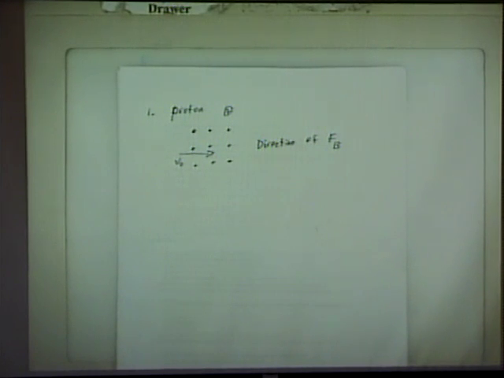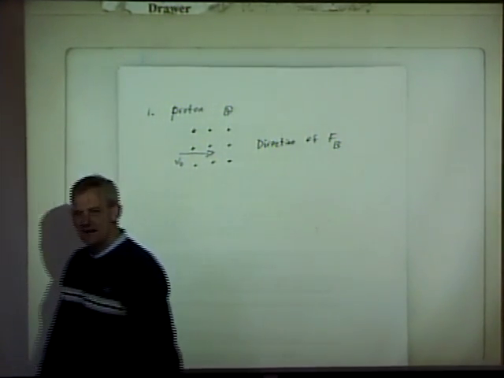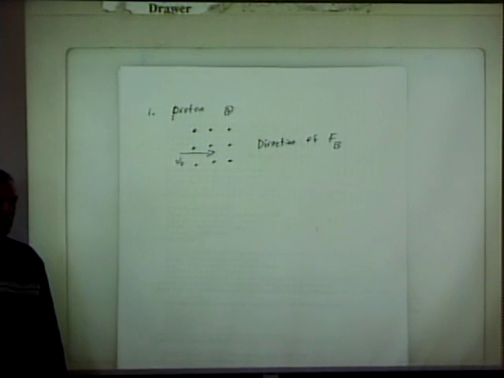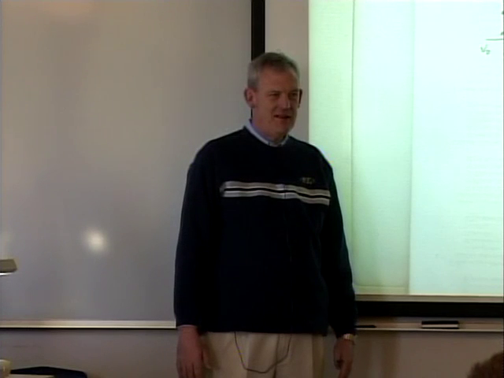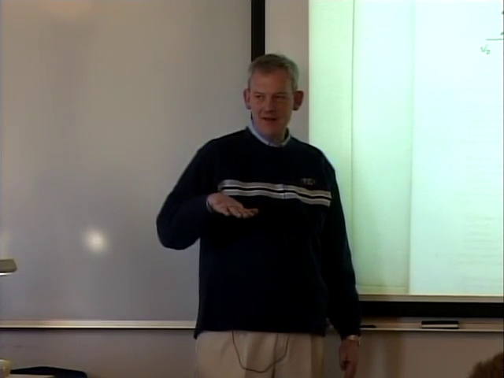Exactly. Oh, wait a minute. Which way is it going? Which way is the electric field? Which way is the force going? All right, so which way is the magnetic field coming?